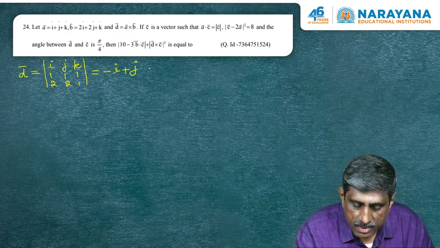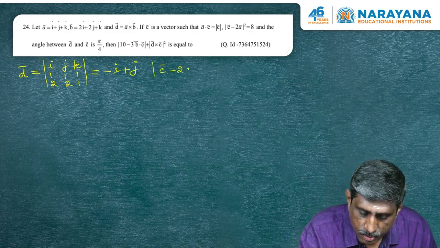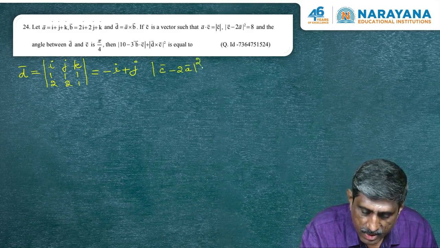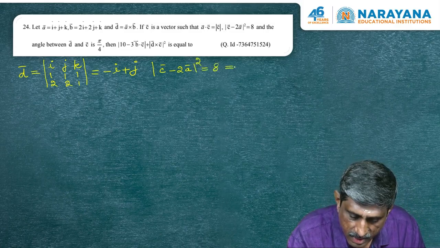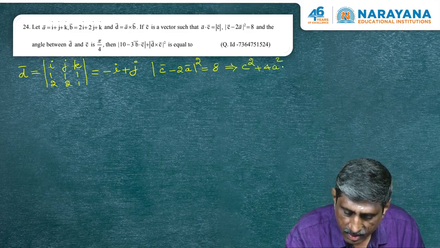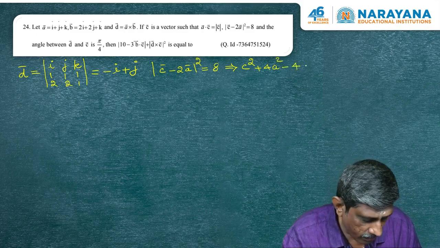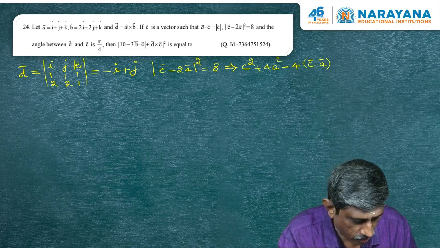And it is given that modulus of C bar minus 2A bar whole square is equal to 8. When we simplify this, we understand that C square plus 4A square minus 4 times of A dot C, or C dot A, is equal to 8.